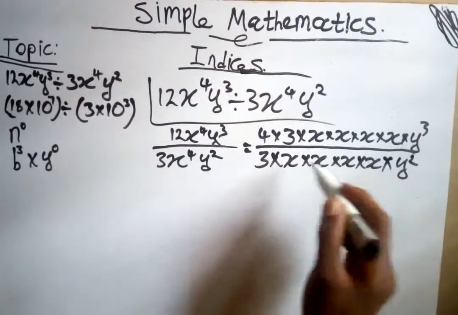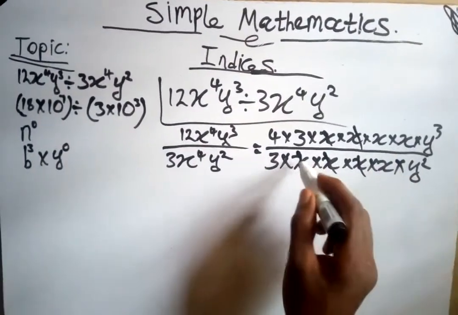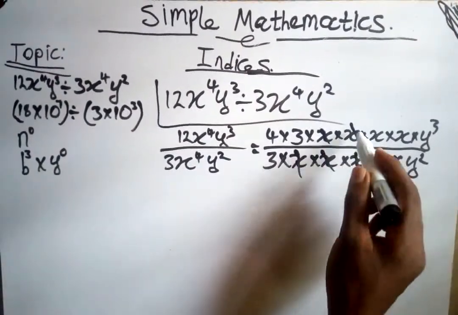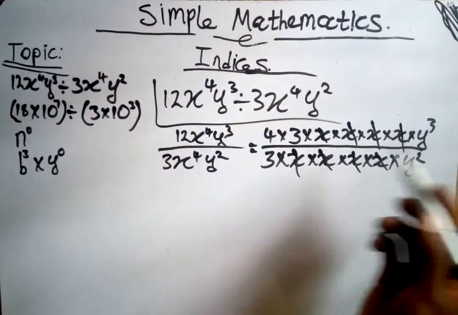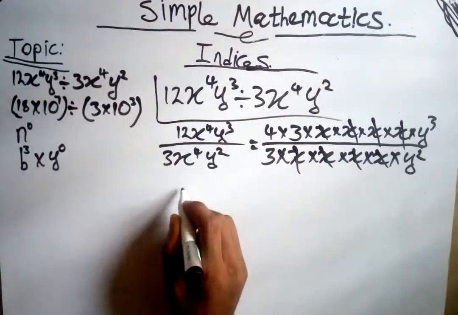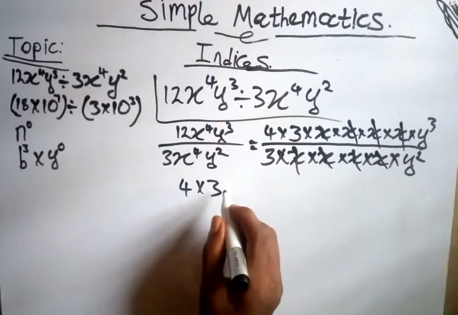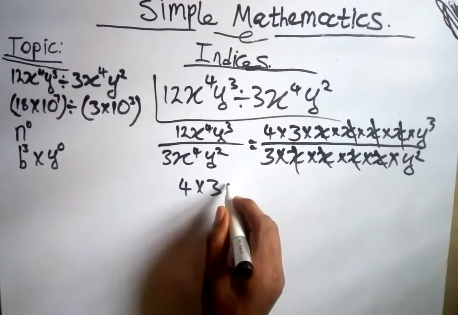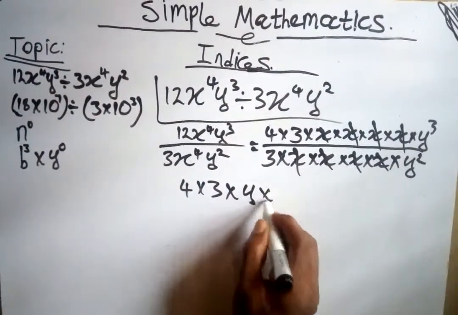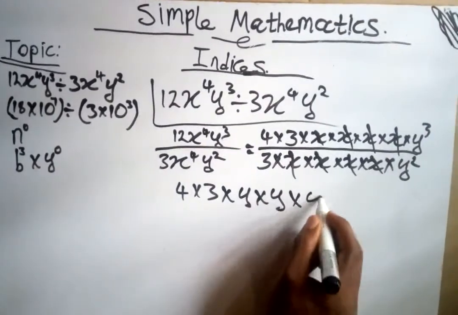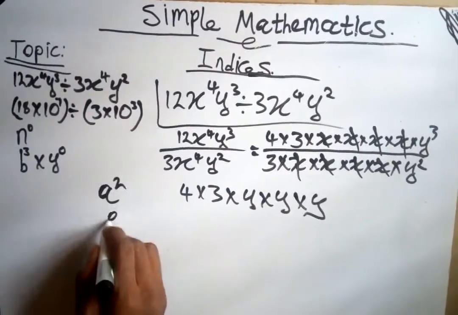So from here we can start cutting. These are multiplication signs, and x cancels x. You just keep on doing it. So x is totally eliminated, and we have 4 times 3, x is gone, so we have multiplied by y times y times y, because if we have a raised to the power of 2, that's a times a.